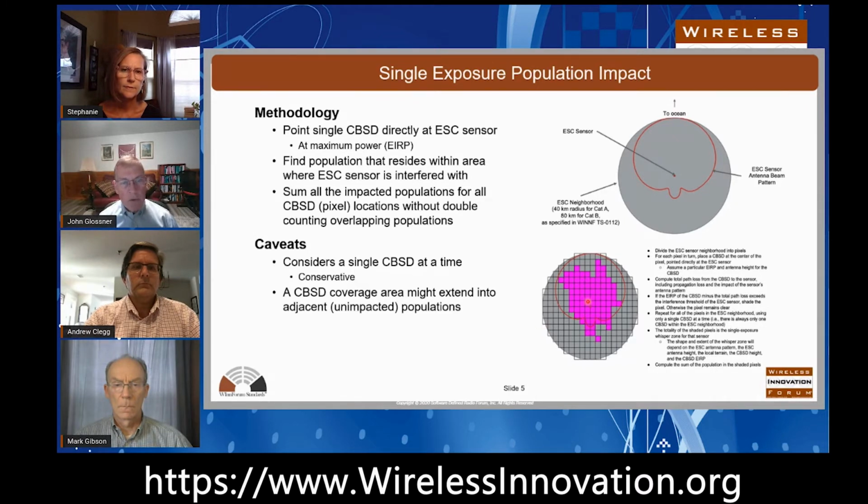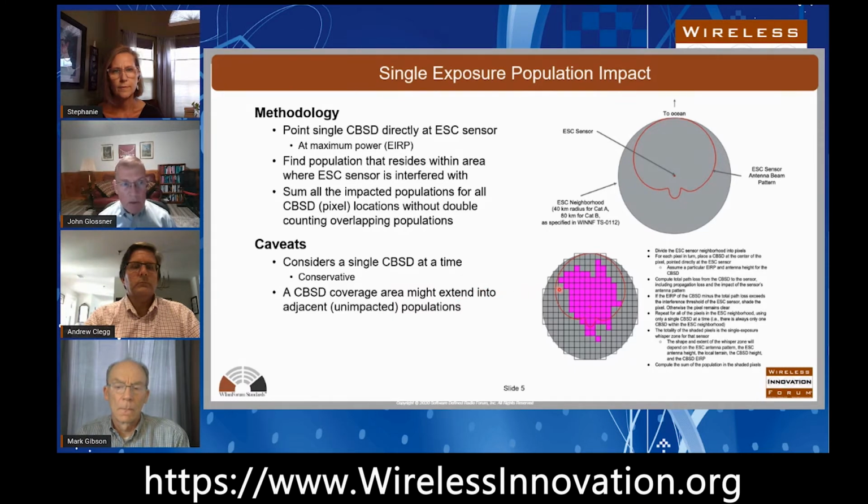So that was the first metric that we used, and it seems to be the most intuitive metric that we came up with. If you were to locate a CBSD within that area, what would be the impact on the population, or how many people wouldn't be able to get coverage? It is a kind of worst case, conservative analysis, and there are some other extenuating issues to look at that might make this a little bit too conservative an approach. But it's very intuitive and it seemed to work pretty well.